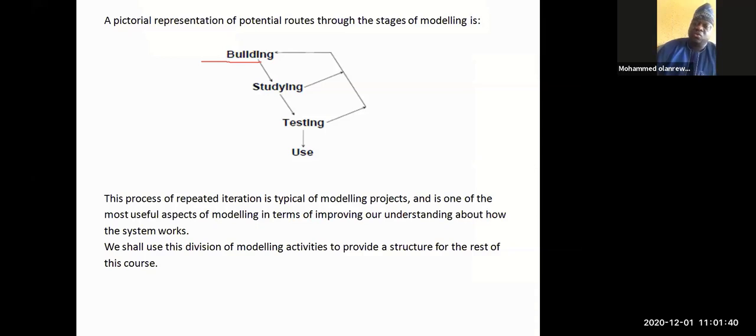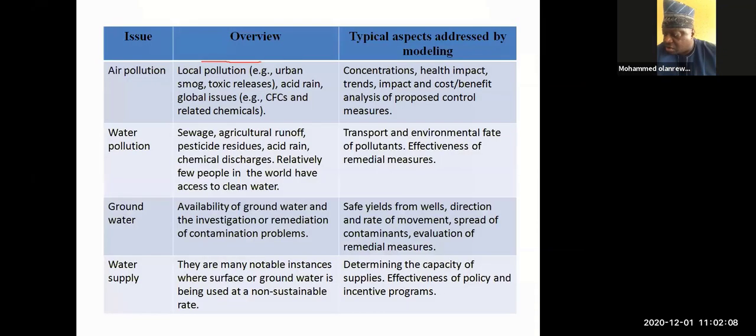Then, with your assumption, are you talking about a closed population or an open population? Then you validate. So this process of repeated action is typical of modeling projects, and it's one of the most useful aspects of modeling in terms of improving our understanding of how the system works. We shall use the division of modeling activities to provide a structure for the rest of my talk here.